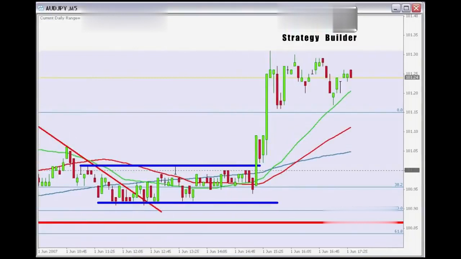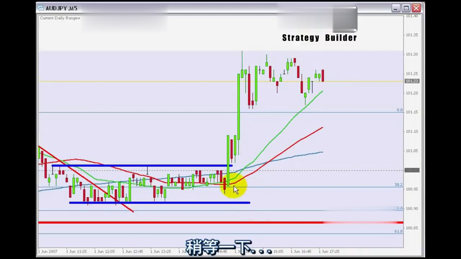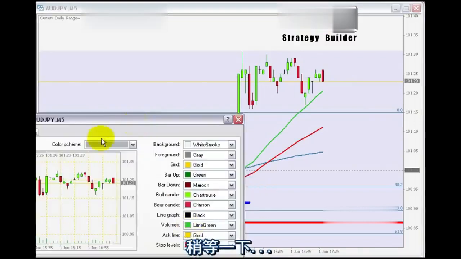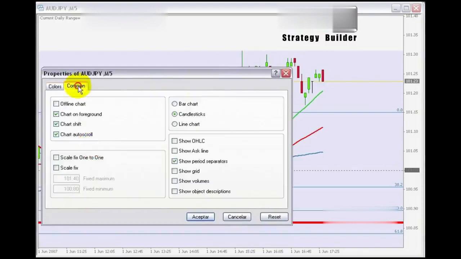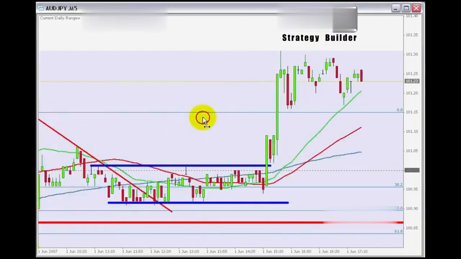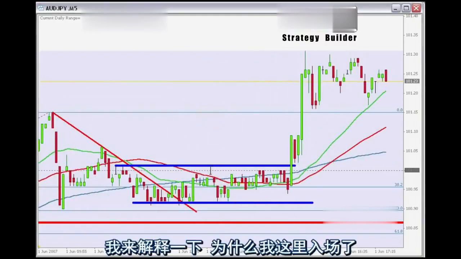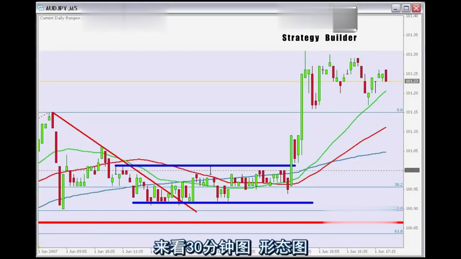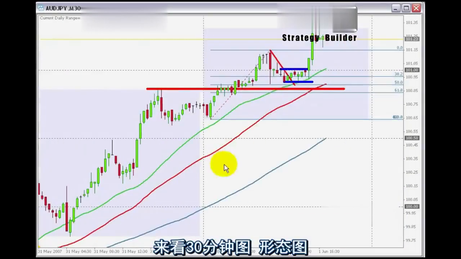Let me explain the reasons. Why would I have entered at this time? As we saw on the 30-minute chart, this was my setup chart.